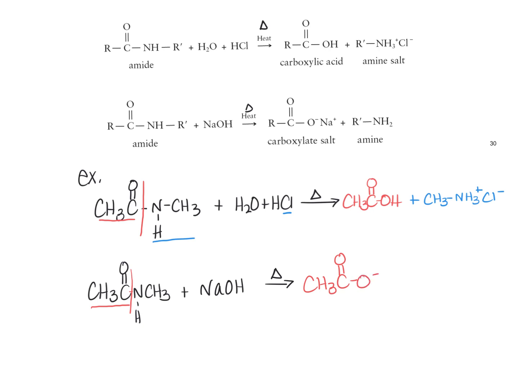Now, that O minus is going to complex with this sodium right here, and the sodium is going to be its counter ion. Then, for this part here, that gives you your amine, which is CH3NH2. So these are the two big reactions that amides undergo.